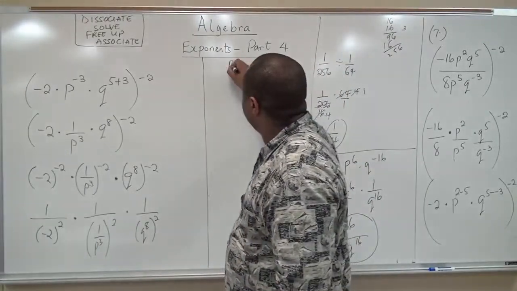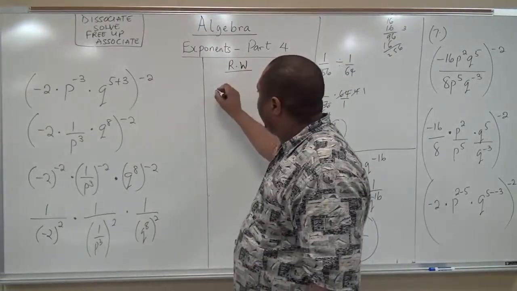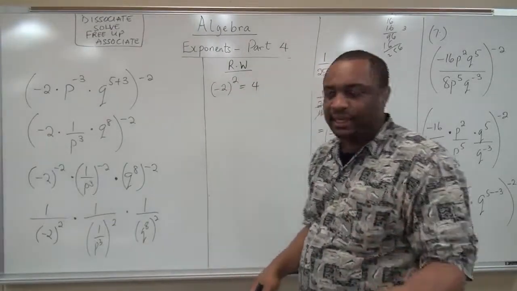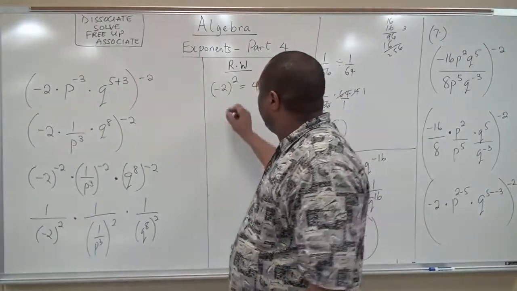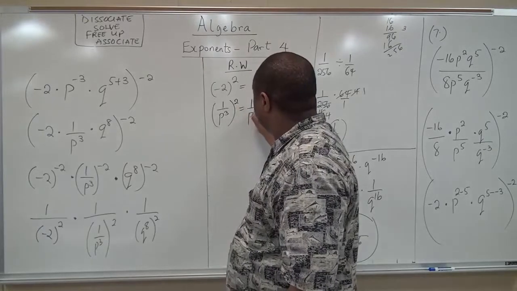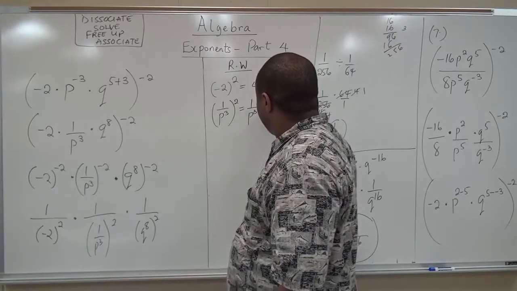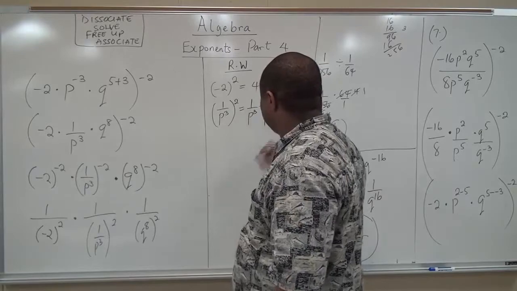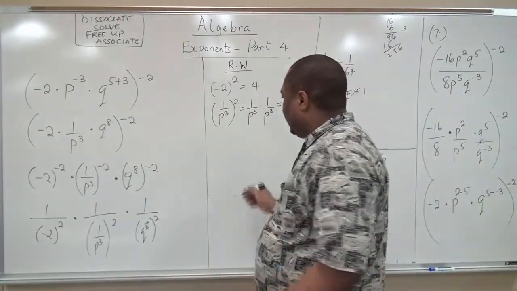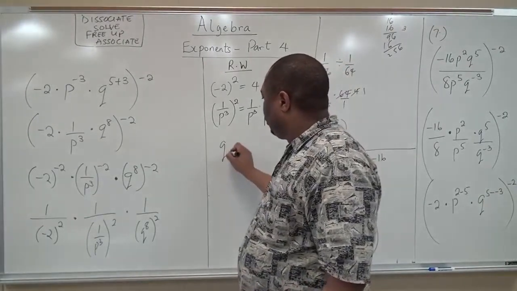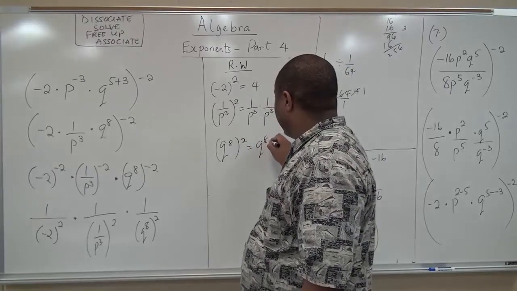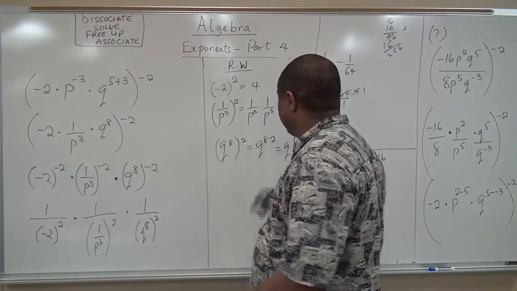Kind of have a rough work here. Negative 2 all squared is 4 because it's negative 2 times negative 2. And then 1 over P cubed all squared means 1 over P cubed times 1 over P cubed, and that is 1 over P6 because 3 plus 3. Then Q8 all squared is Q8 times 2, which is Q16.